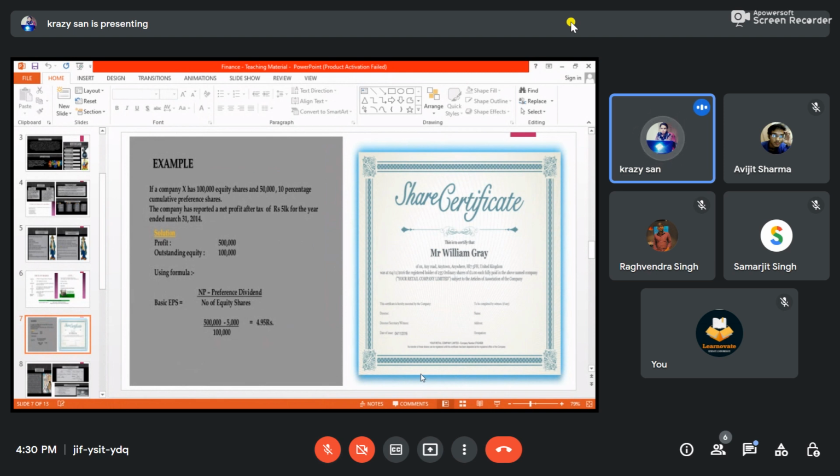All the information will be in your share certificate. By showing that certificate, you are recognized as either an equity shareholder or a preference shareholder.